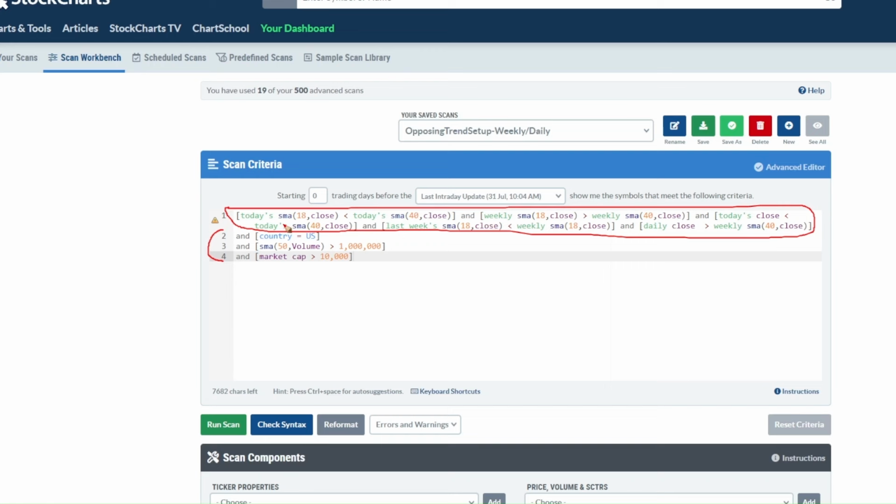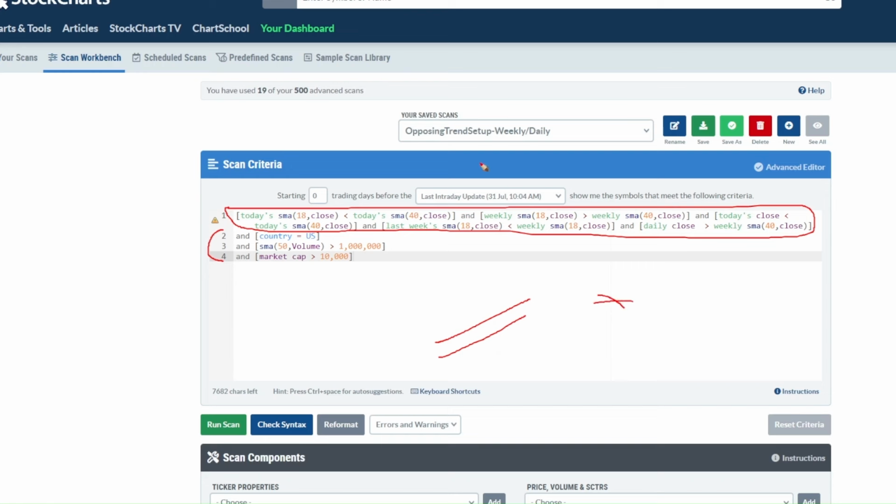One of the things you could add to this is a weekly ADX greater than 25 or something like that, and maybe even use above 23, to give it a little room around that 25 level. But what this is essentially looking for is a weekly chart where the 18 is above the 40, and on the daily, the 18 has crossed down below the 40.